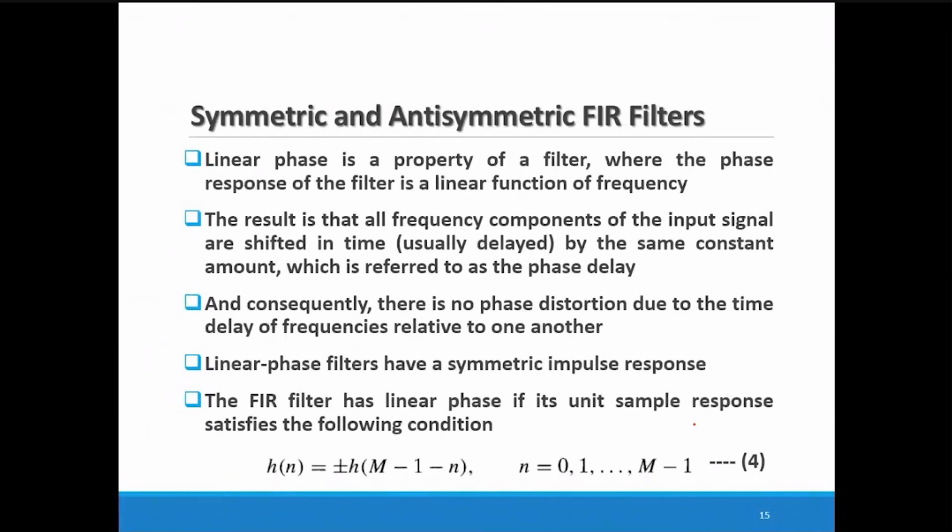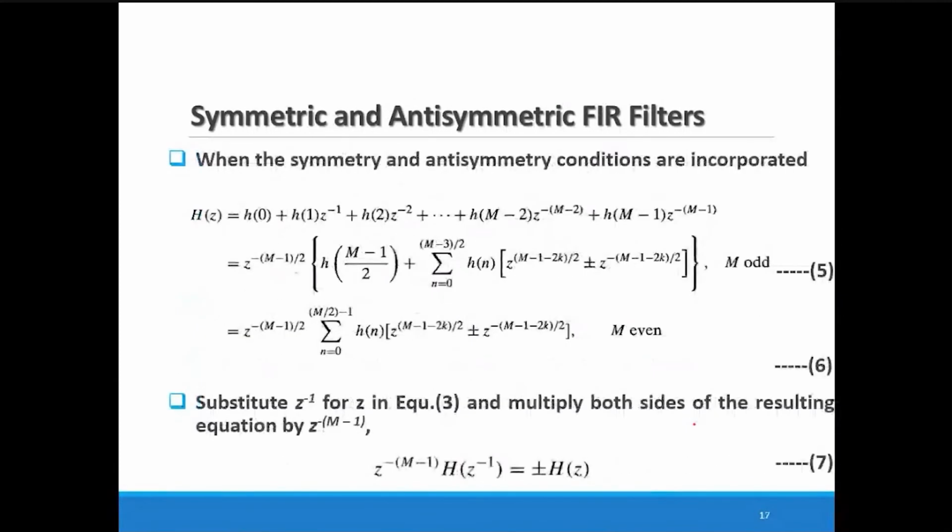When the FIR filter satisfies this condition, we can say it is linear phase. When the symmetry and anti-symmetry conditions are incorporated, H of z is represented like this: h0 plus h1 z inverse up to h of M minus 1, as our components run from 0 to M minus 1, times z raised to minus M minus 1.